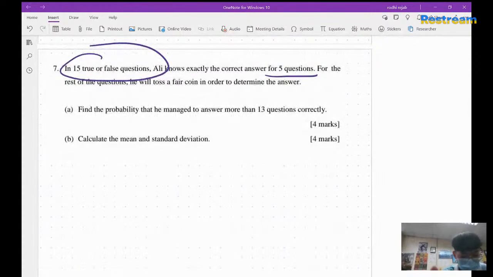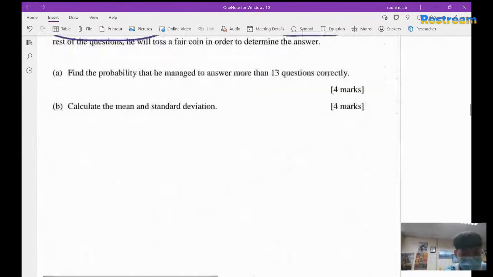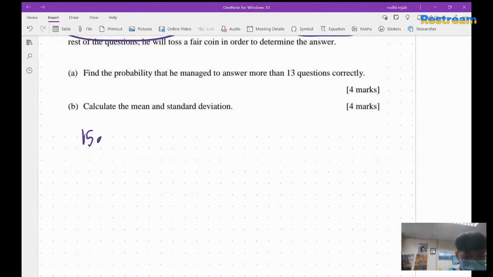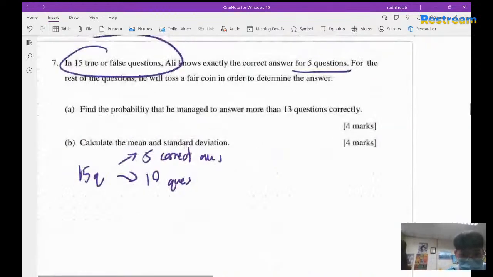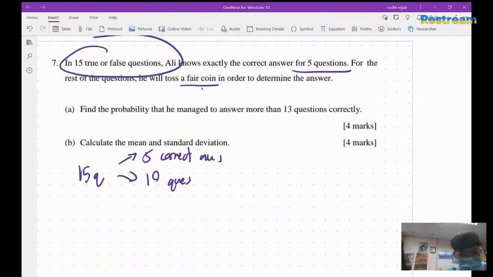We can write it like this: when we have 15 questions, he already knows the correct 5 answers. But for the rest of the 10 questions, he has to throw a fair coin. So the probability of a fair coin, heads or tails, basically true or false, is 1/2.